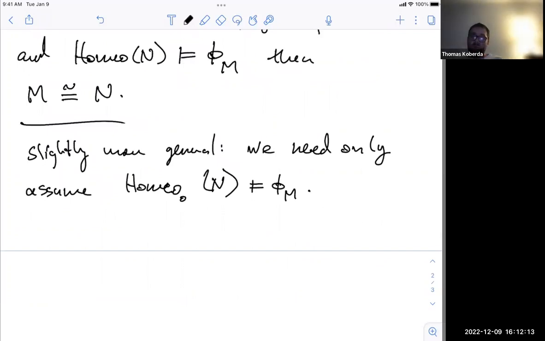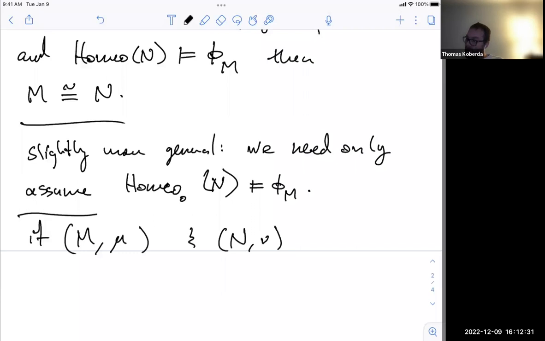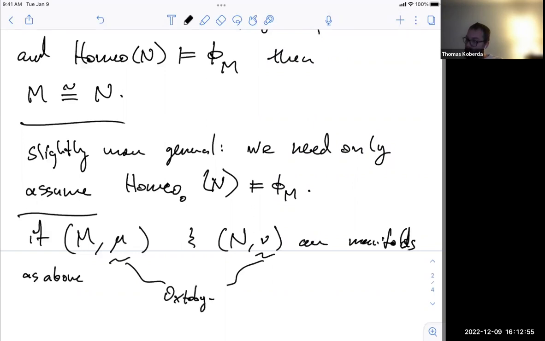So if M, mu and N, nu are manifolds as above, let's just say that M is closed and connected, and N is compact but otherwise arbitrary, and these mu and nu are what we call Oxtoby-Ulam measures.